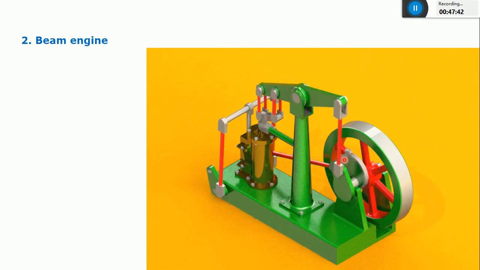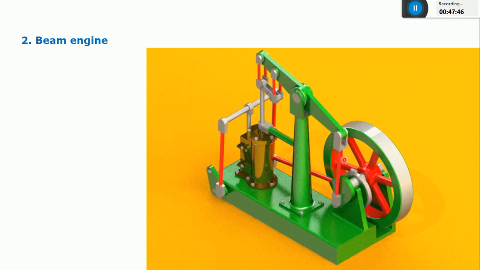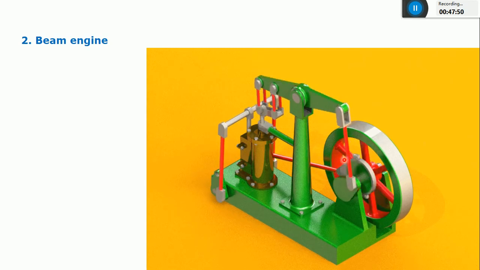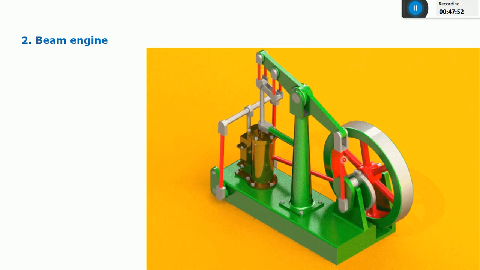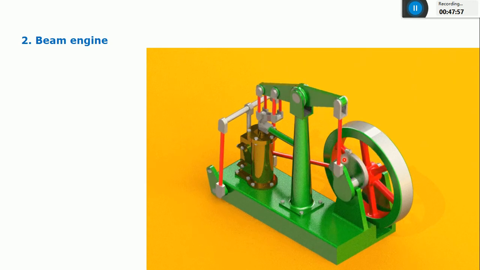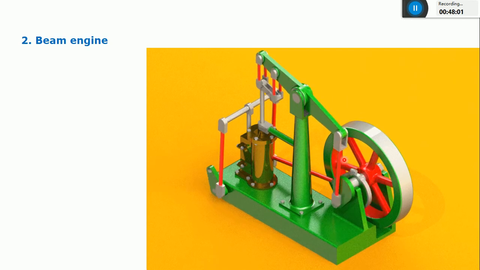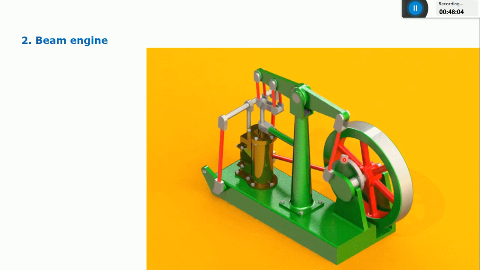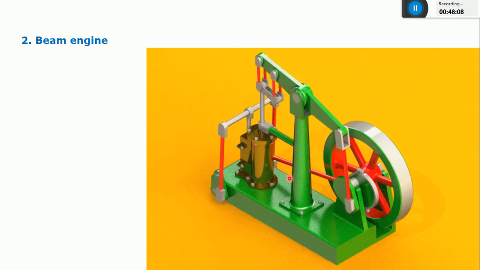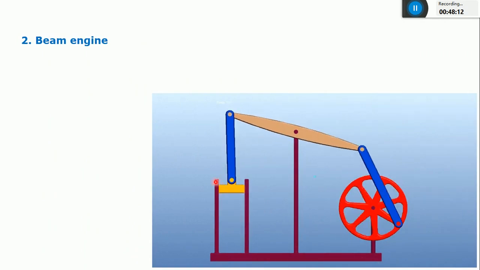If you want to increase the pressure of that steam so that you can do some work, similar to the railway, that steam is utilized to run the piston and cylinder arrangement. The pressure of that steam should be very high. To increase the pressure of the steam, you need a compressor, correct? For that compressor, you will be using this beam engine. This is nothing but a compressor. Okay, sir. Thank you.